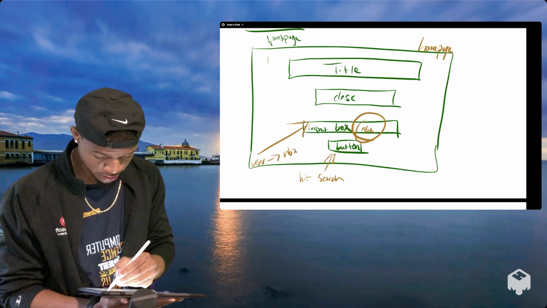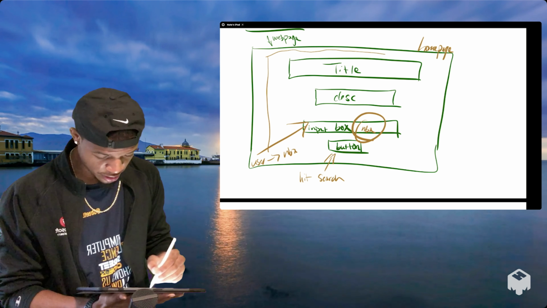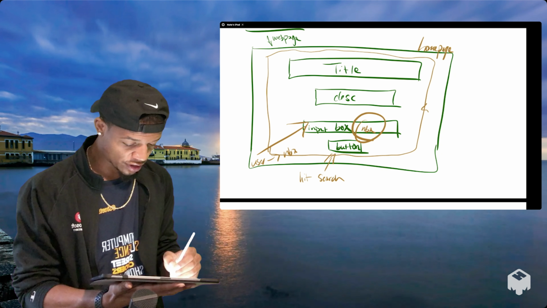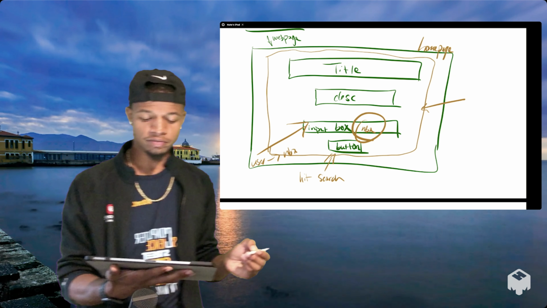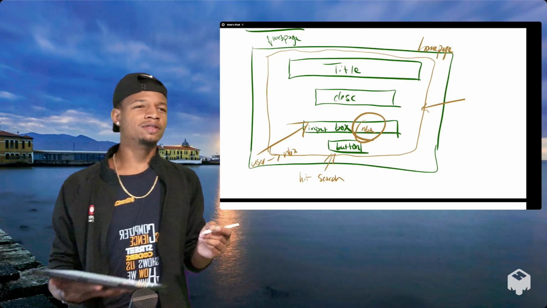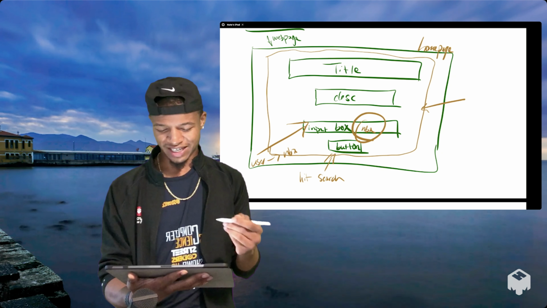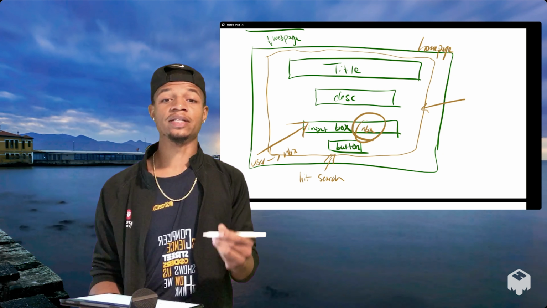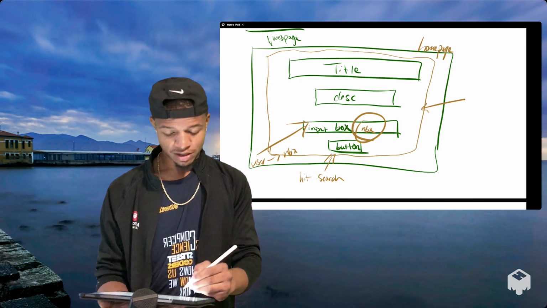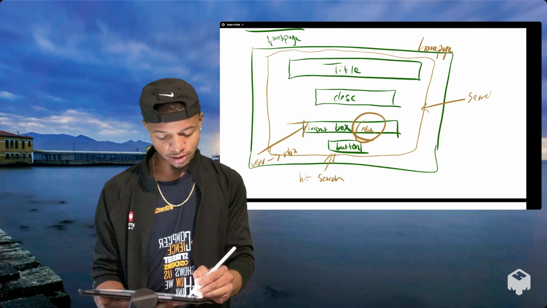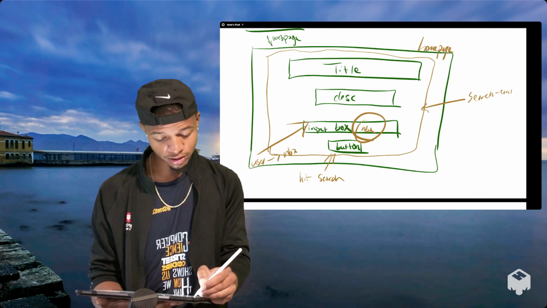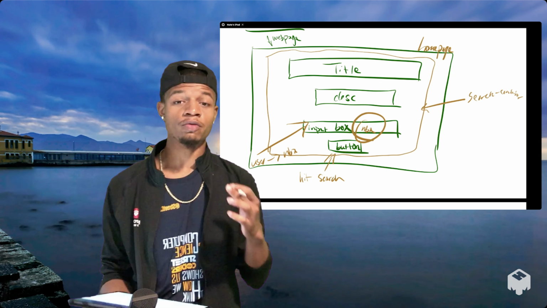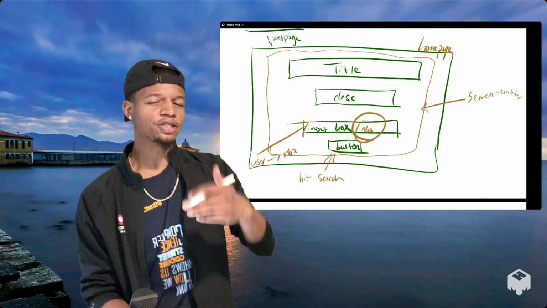This container has the title, description, input box. We'll call this the search container. Search container. Dope. Bet. So now the app container has a search container inside of it.